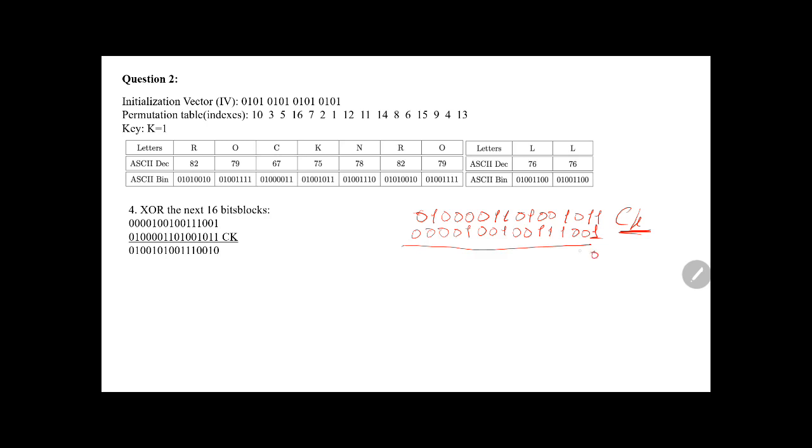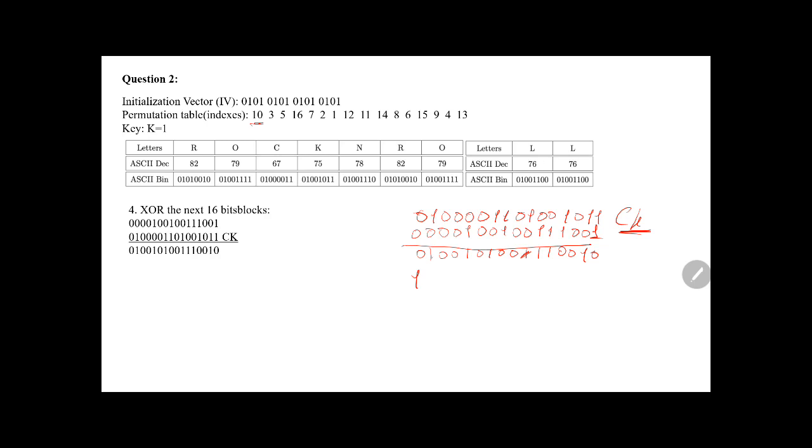1 and 1, 0, 1, 0, 0, 1, 1, 1, 0, 0, 1, 0, 1, 0, 0, 1, 0. So that's it. Now what we do next is we use the same permutation table and do the same permutation again. So we have here the 10 as the first value.